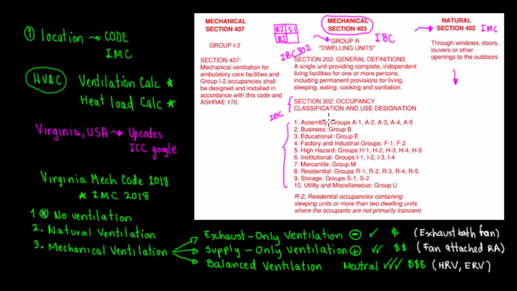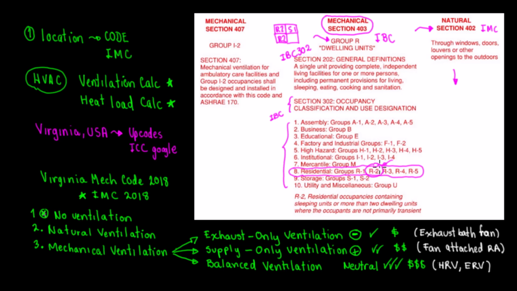This is more for commercial, but if we're talking about residential, residential groups are going to be in the classification of code R1 until R5. You can then go to see what is R1, R2, R3, R4, R5. If you're doing a residential building design, most of the time the dwelling units are R2, for non-transient. There we go, R2.